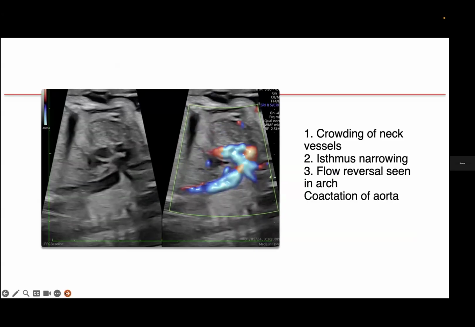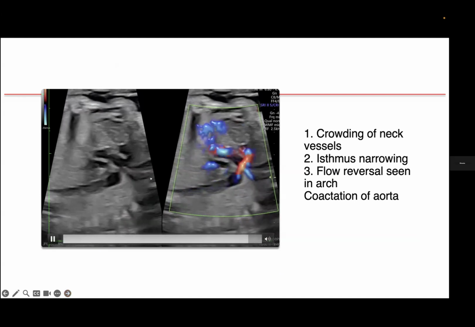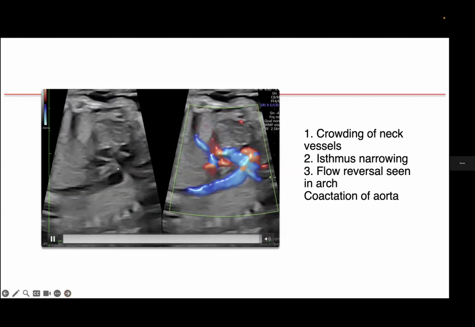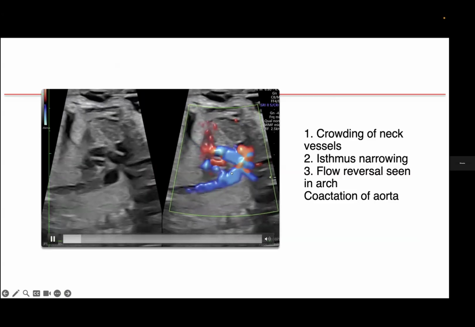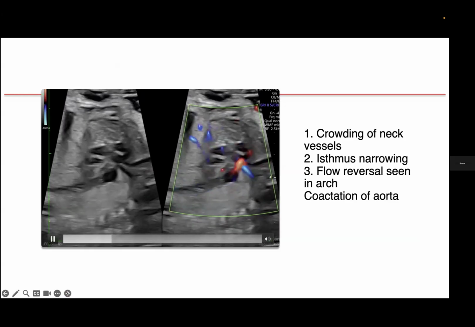But one important parameter that should be taken into consideration is the isthmus size in the transverse arch, especially in the sagittal view. As you can see here, there's a crowding of neck vessels. The isthmus looks really very small here, and there is a clear-cut flow reversal seen from the ductus arteriosus into the arch of aorta.